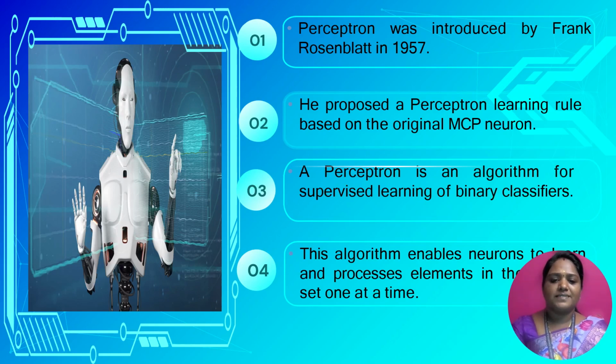The perceptron is a supervised learning algorithm that is mainly used for binary classification, whether it is true or false. These algorithms enable the neurons to learn and process the elements in the learning rule one at a time. So the main concept of using this perceptron is binary classification, whether it is true or false.